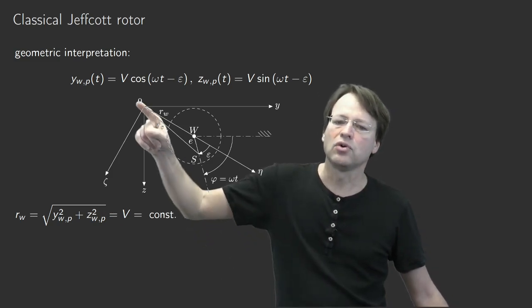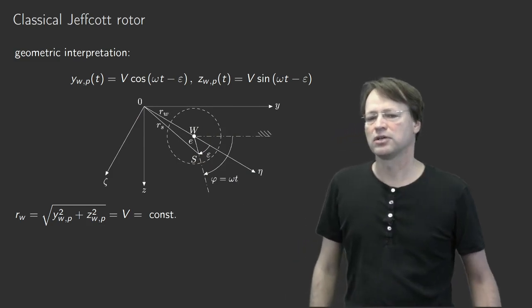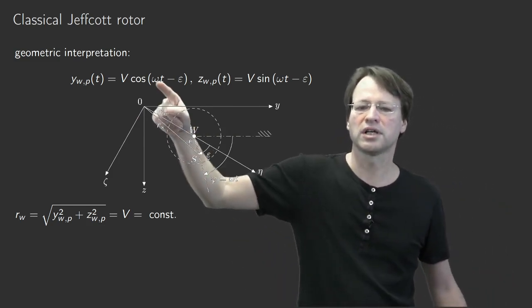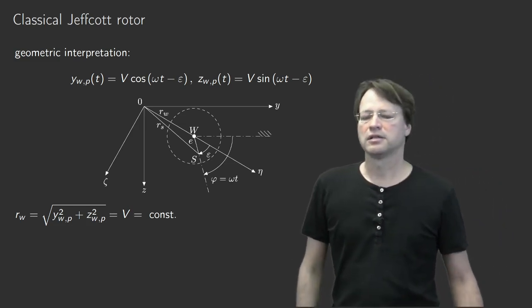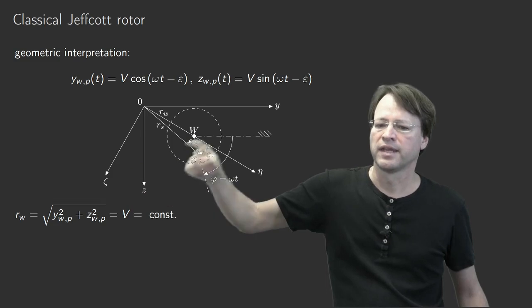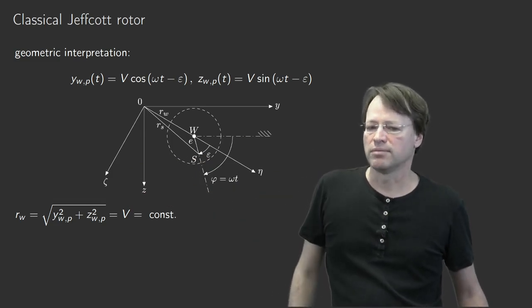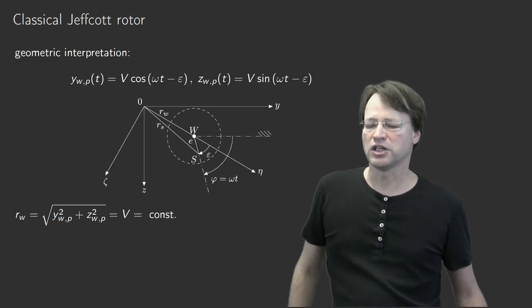And now if you look at the representations of that particular solution we took with the cosine function and the sine function here, you can directly apply the trigonometric Pythagoras, and you observe that r sub w is equal to v, and this is a constant, and v is the magnification factor.